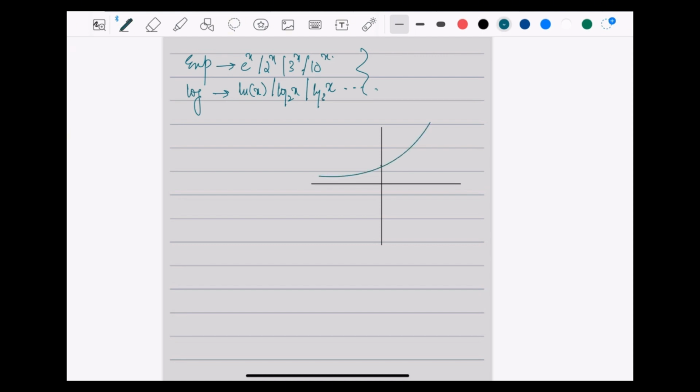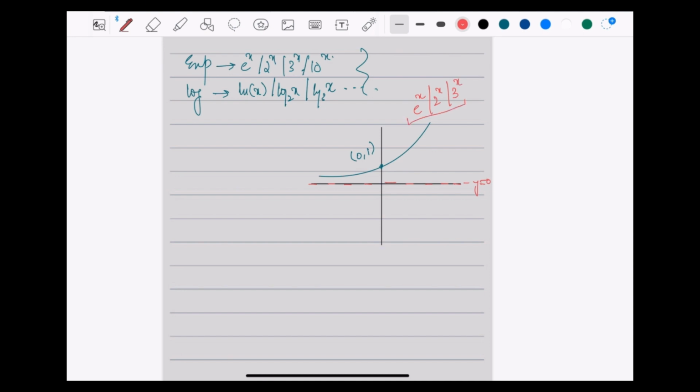If I draw the exponential function, it will look like this, where the y-intercept of this function is (0, 1), and the asymptote line where the graph does not touch is y equals 0. This graph was e to the power of x, although you can also say 2 to the power of x, 3 to the power of x.